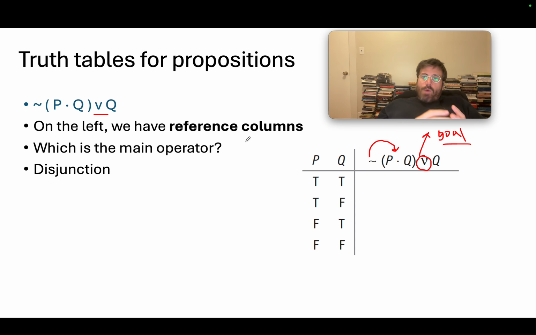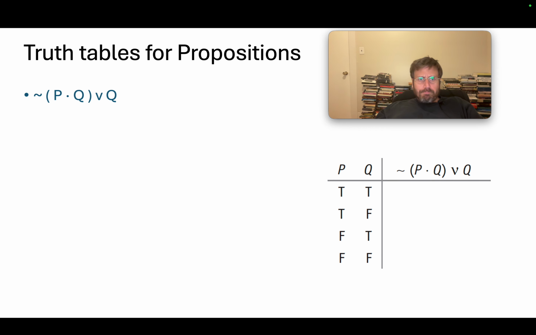Because wedge is the goal, it really has to be the last thing that we discover. It's the last thing in terms of its truth values that we're able to plug in, because it is itself a function of the truth values of the other statements. It is a function of the truth values of dot and the truth value of Q. So we have to hold on in the back of our mind to wedge as being the goal, but be patient with it and set it aside for a moment.